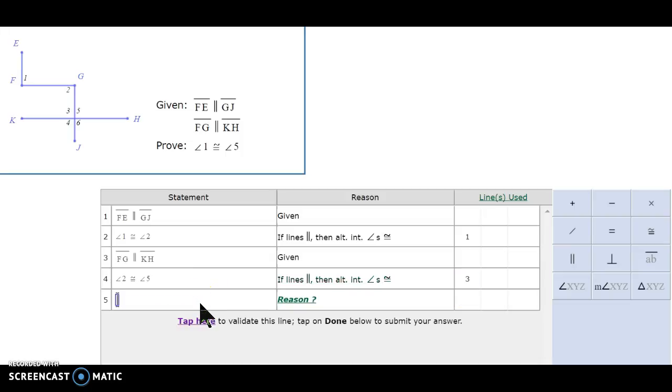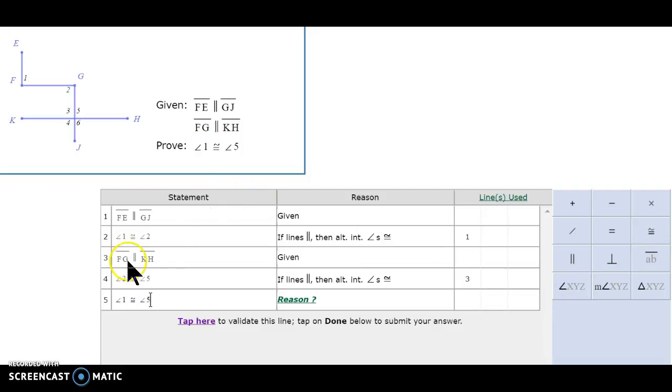All right. Now, what we have done is we have just connected angle 1 to 2 and angle 2 to 5. If angle 1 is congruent to angle 2 is congruent to angle 5, then what can we say about angle 1 and angle 5? They are both congruent to angle 2. So I can say angle 1 is congruent to angle 5.